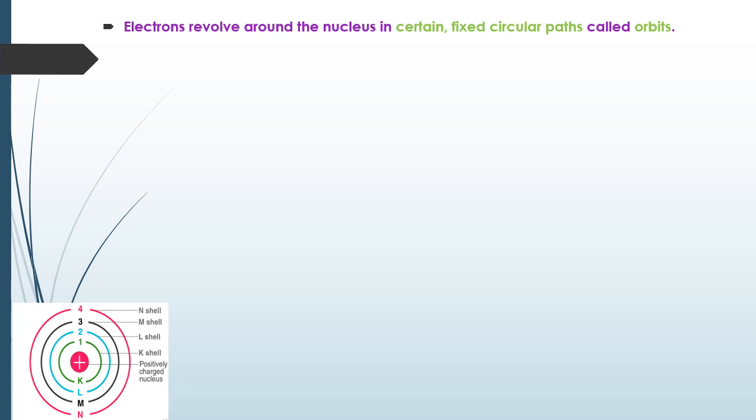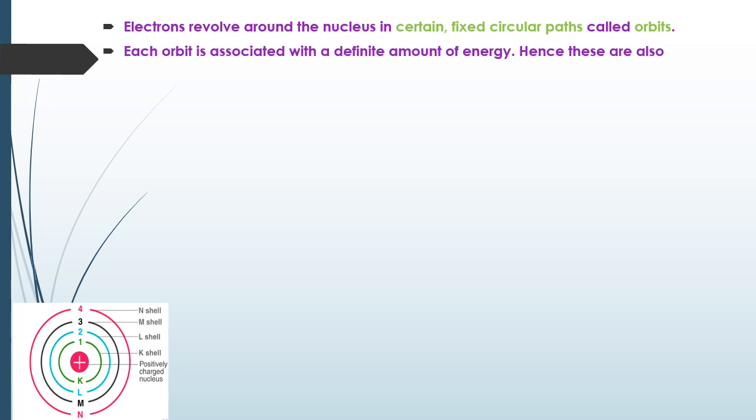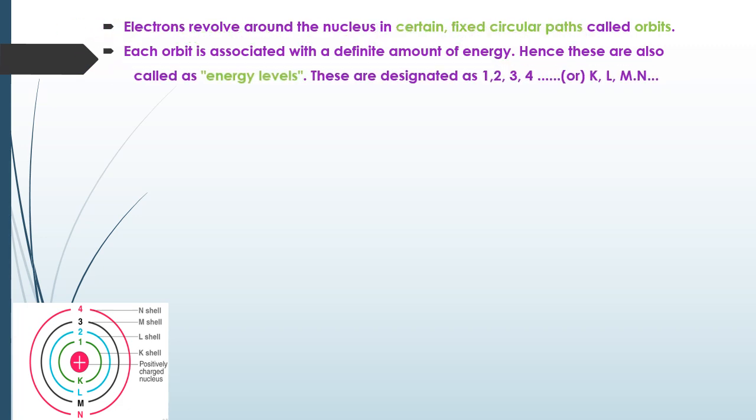The main important points of this theory: electrons revolve around the nucleus in certain fixed circular paths called orbits. Each orbit has its own definite amount of energy. That's the reason these orbits are called energy levels.